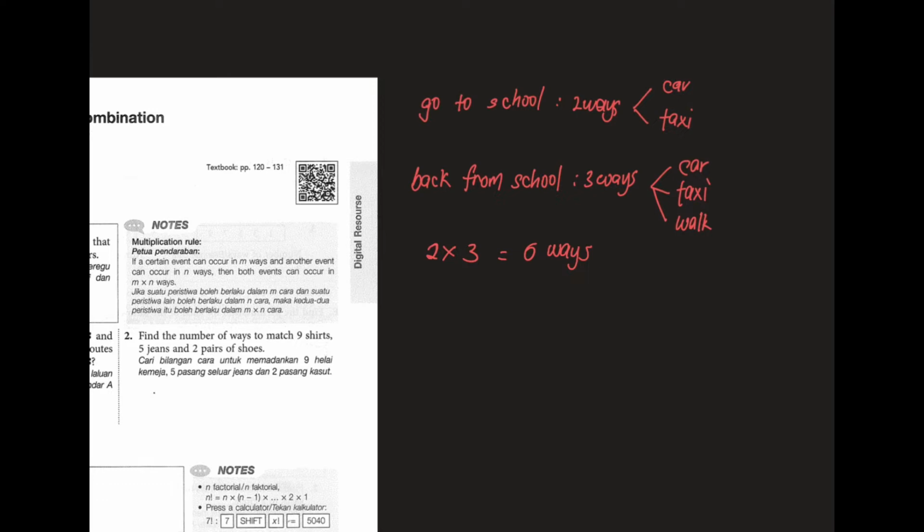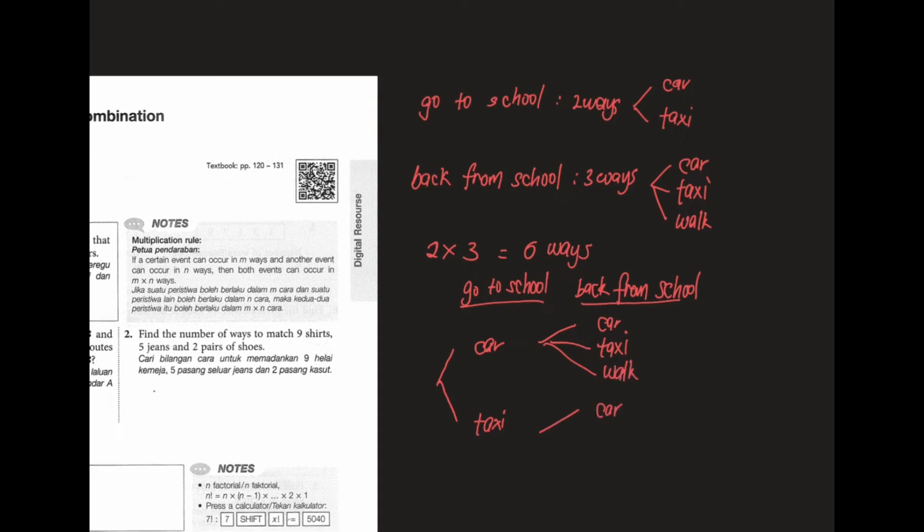So let's say you can build a tree diagram like this. You go to school, you can go by car or by taxi. You come back from school, then there are 3 ways: car, taxi, and walk.